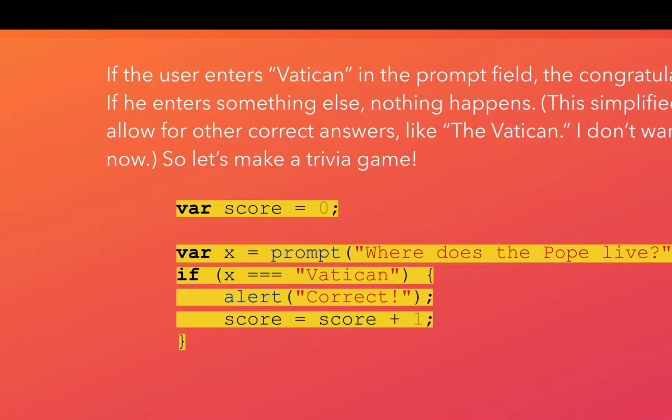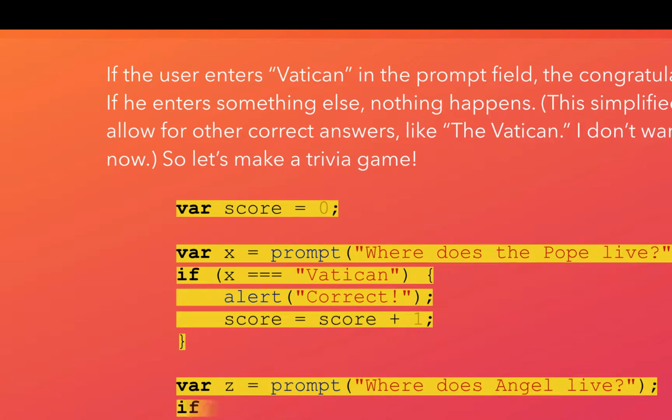I add 1. And if they type something else, is this going to get executed? Yeah, so everything in these curly brackets will only be run if the statement is correct. Then I can ask, where does Angel live? And if you say Santa Barbara, it'll give you another correct score.